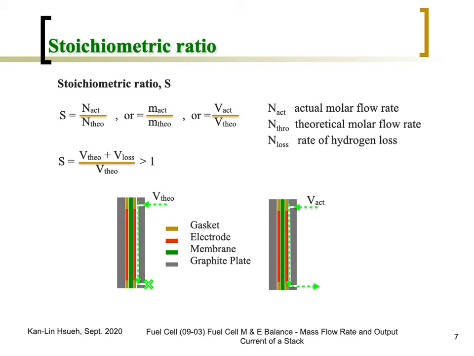This is particularly true for the air, because the oxygen in the air is only about 21%. So if you feed in the air based on theoretical consideration, you end up with a very, very low efficiency, because at the end of the electrode or the cell in a stack, all the oxygen is consumed. What you have left is nitrogen.